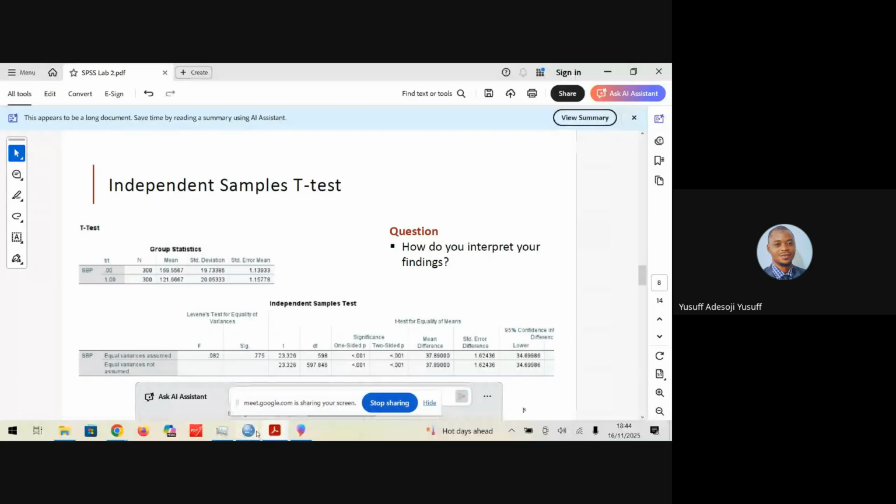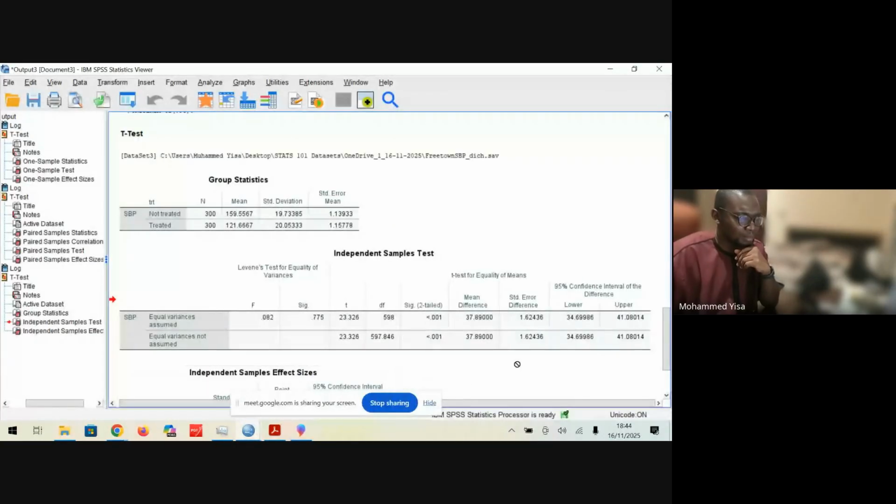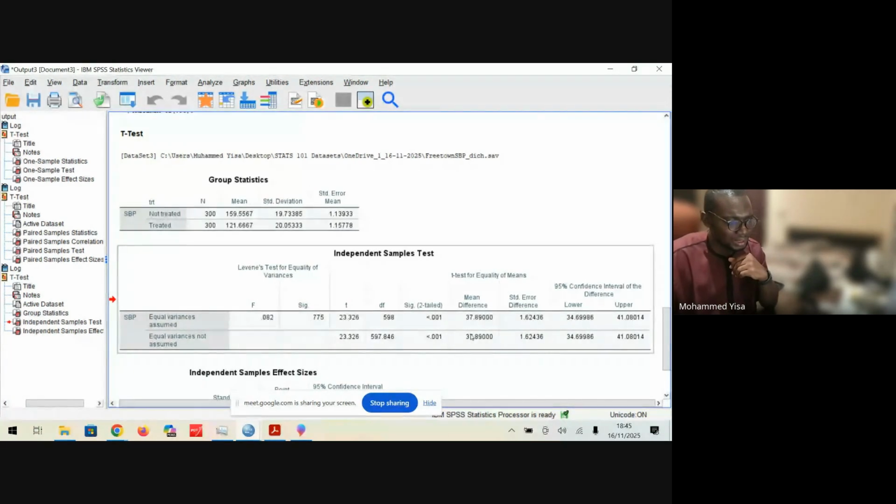Please. Okay, so I was just interpreting the paired sample t-test, and we said that this is the mean difference, the average difference between those who are treated and those who are not treated. So on average, those who are treated had an average BP that was 37, or let's say 38 millimeter of mercury lower than those who did not receive the treatment.